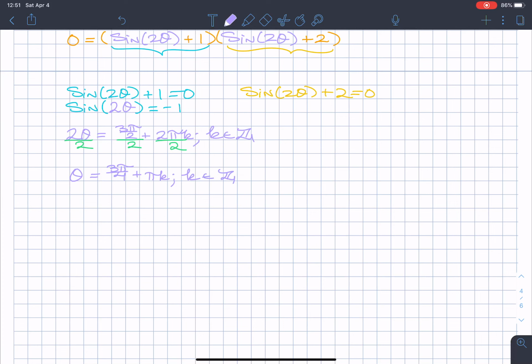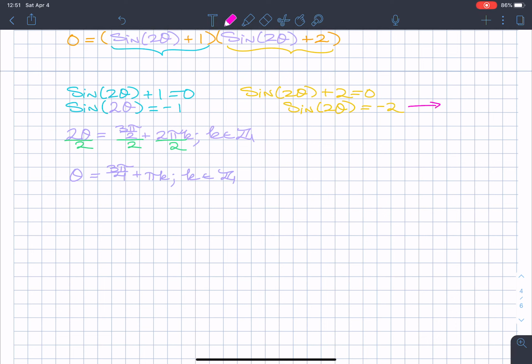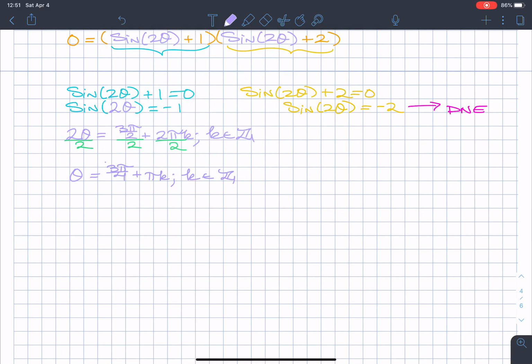And actually that'll be it, because let's look at this. Sine of 2 theta is negative 2. Well, that's impossible, because sine is bound between positive 1 and negative 1. So this does not exist. That's outside of the range. So therefore, my solution is just these infinitely many solutions. Okay, so that is it for section 6.3.